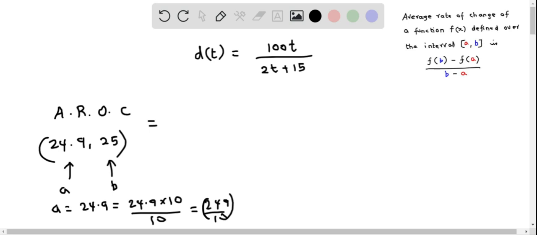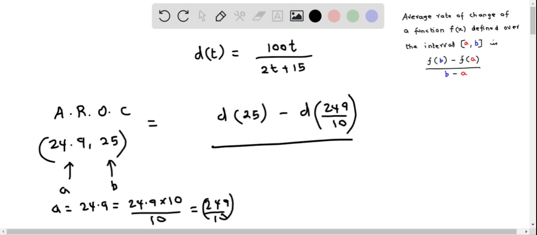I'm going to use this form of A. So therefore, the average rate of change of function for d of t for this interval is d of 25 minus d of 24.9, which I can write as 249 over 10, and this divided by b minus a, which is 25 minus 249 over 10.